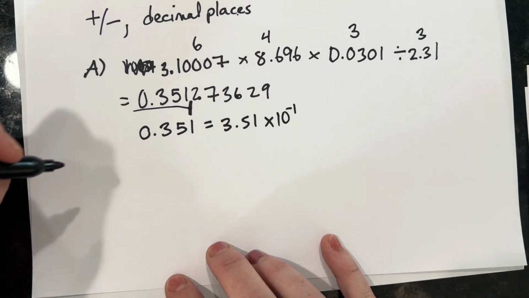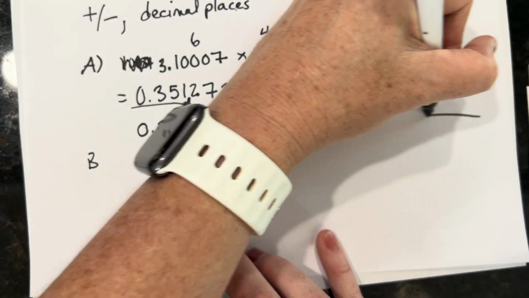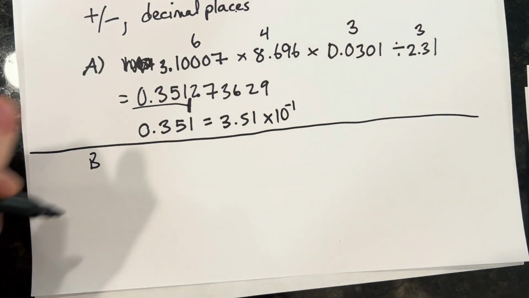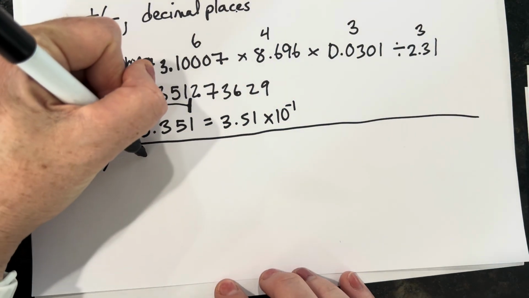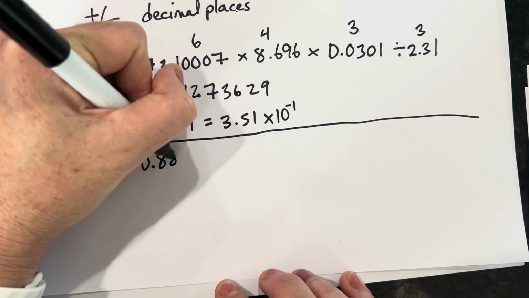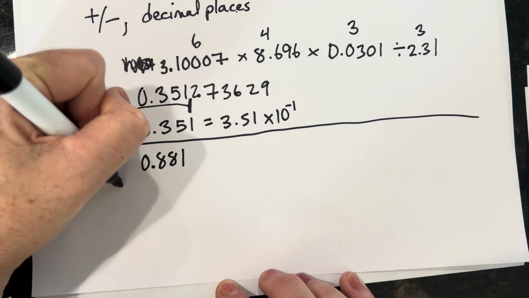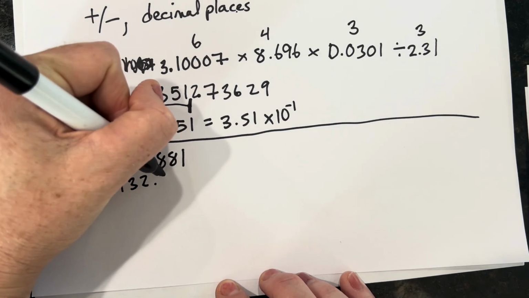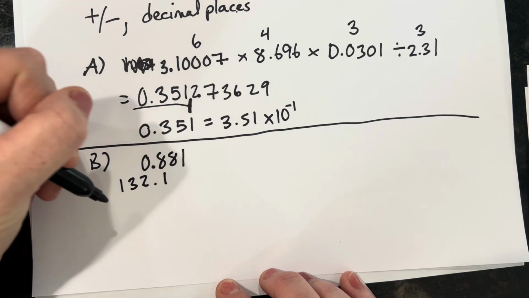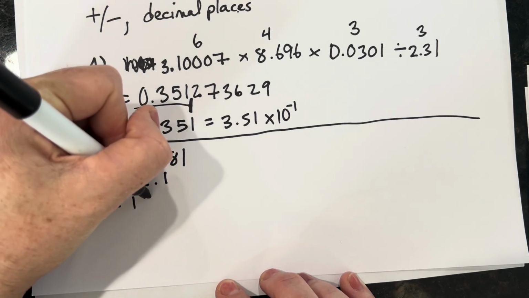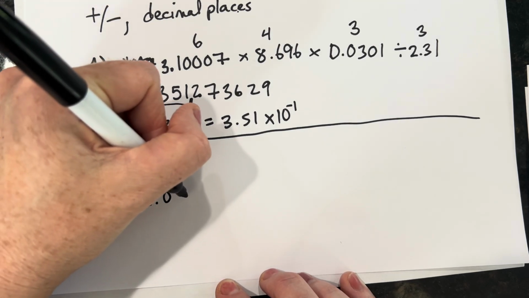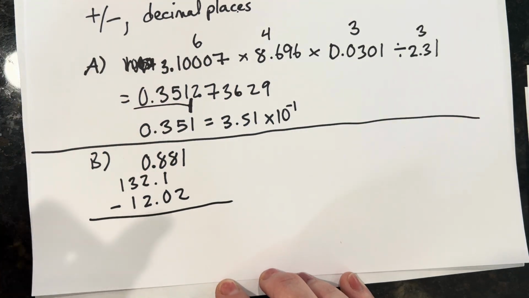All right, part B asks if you have 0.881 plus 132.1 minus 12.02, it wants to know the answer.